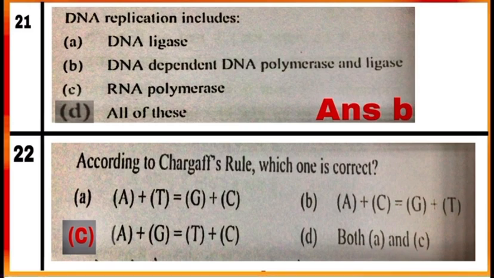It includes DNA dependent DNA polymerase and DNA ligase enzyme. So here mark B as the correct answer. Question 22. According to Chargaff's rule, which one is correct? According to Chargaff's rule, for a double-stranded DNA, the sum of adenine and guanine is equal to the sum of thymine and cytosine. So here mark C as the correct answer.